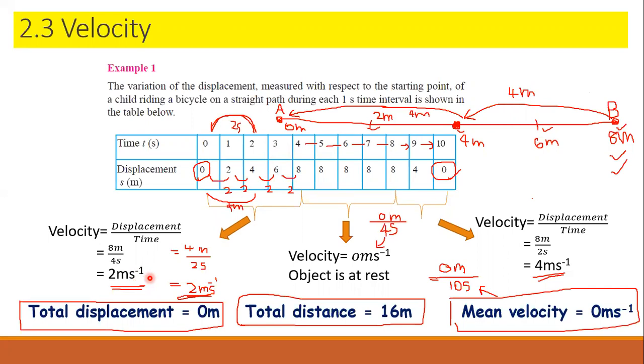And then he is at rest without moving for 4 seconds. And then later, at point B, he has turned back and come back to the starting point with a constant velocity of 4 meters per second.